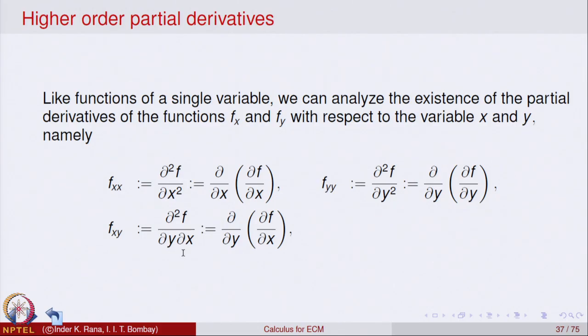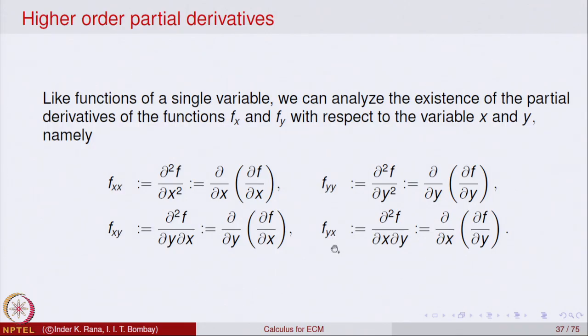So this is the second order partial derivative of the function f, where you first differentiate with respect to x and then with respect to the variable y. Similarly, there is the partial derivative denoted by f y x, meaning you first differentiate with respect to y and then with respect to x, also written as del square f divided by del x del y.